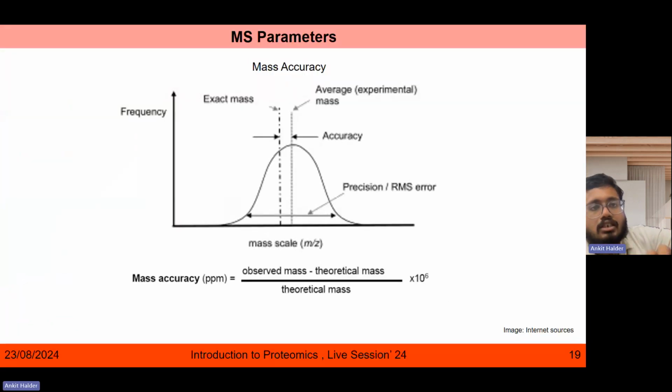So now if we move ahead, the next term is the mass accuracy. Whatever we are identifying, there is the exact mass and the experimental mass, and the difference between the observed mass and the theoretical mass gives us the actual accuracy.